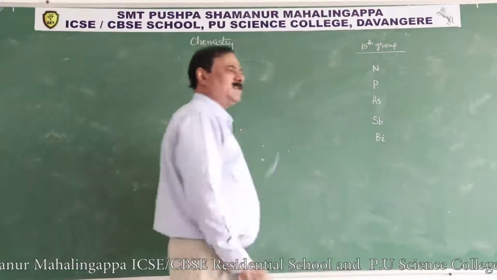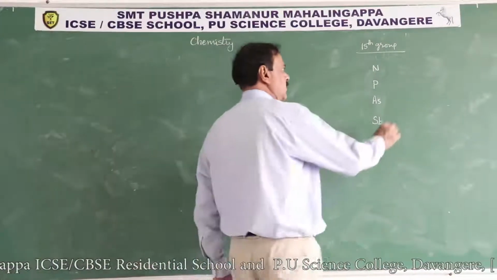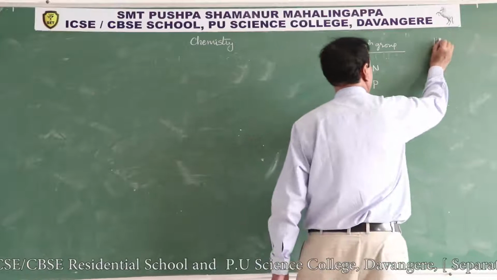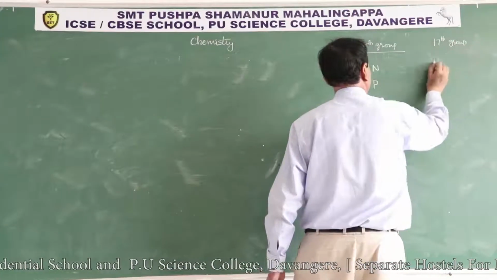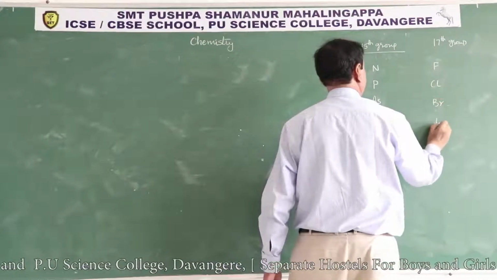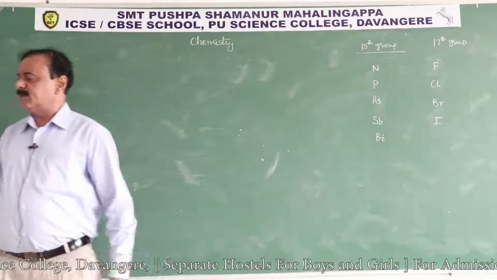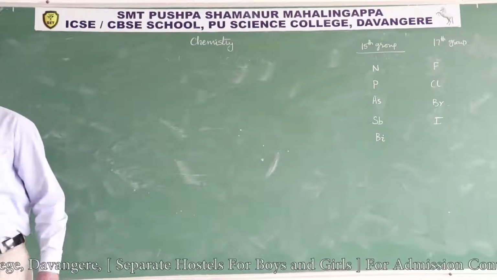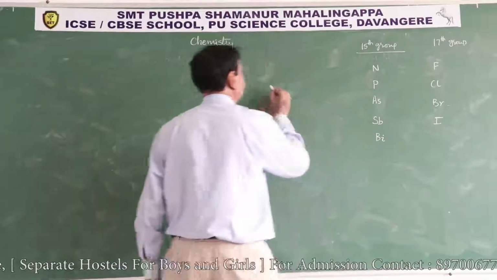These are the elements present in the 15th group. Is it clear? Like that, in the 17th group of the modern periodic table, we have fluorine, chlorine, bromine and iodine, and the last element is radioactive.